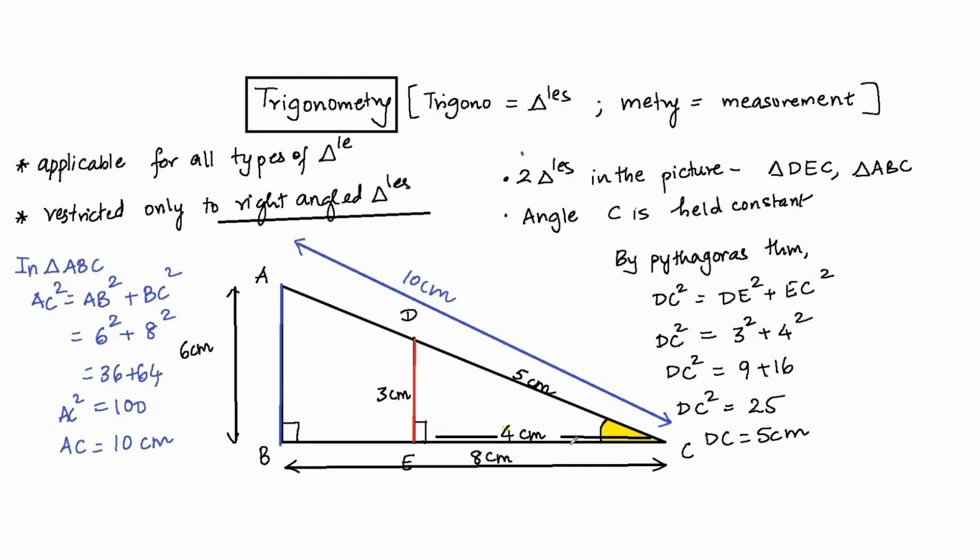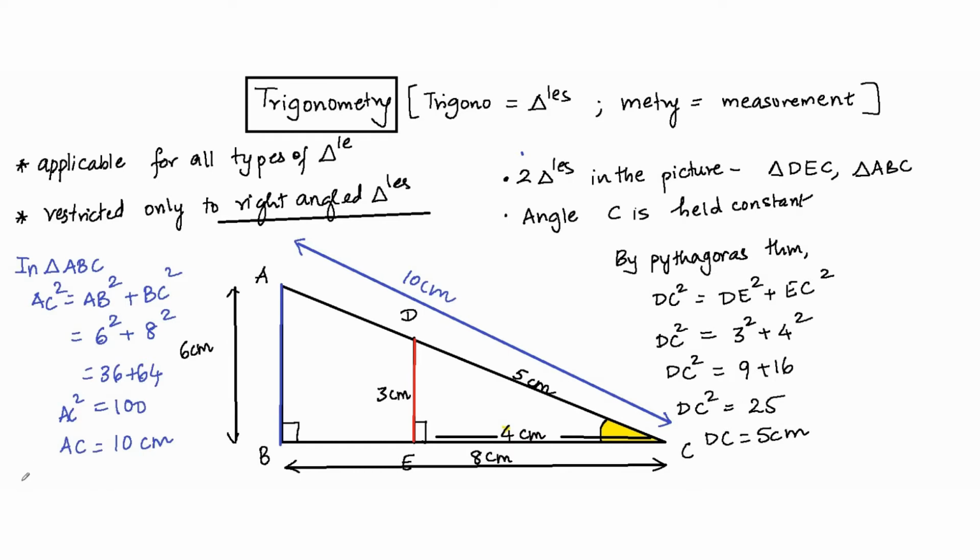Do you notice that all the sides have actually doubled? Meaning, the 4 centimeter side became 8 centimeter, the 3 centimeter side became 6 centimeter, and the 5 centimeter side became 10 centimeters, right? So I agree that the sides have changed, but if you notice very carefully, they have changed in the same proportion.